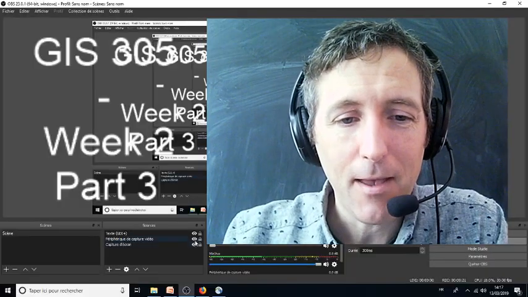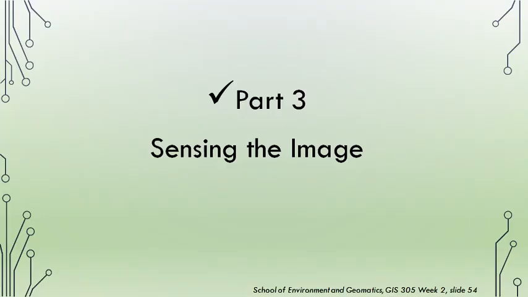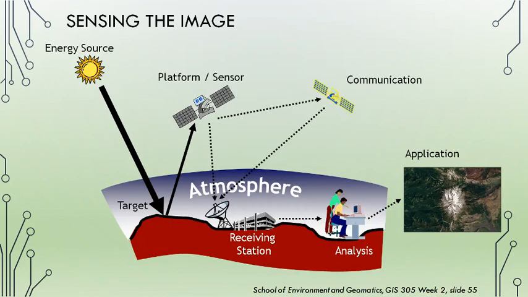Let's go to our lecture now and talk about how remote sensing images work. So, sensing the image. What do we mean by that? Well, we've talked about sensors aboard platforms, in our case, satellites in most cases.